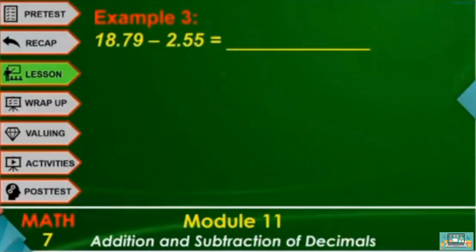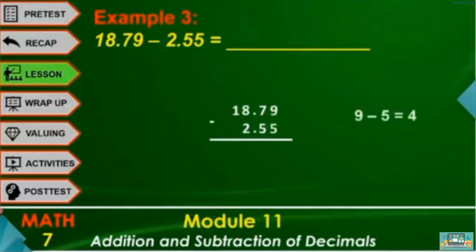Example number 3. 18 and 79 hundredths minus 2 and 55 hundredths. Align the decimals, followed by subtraction, and place the decimal point. Therefore, the answer is 16 and 24 hundredths.